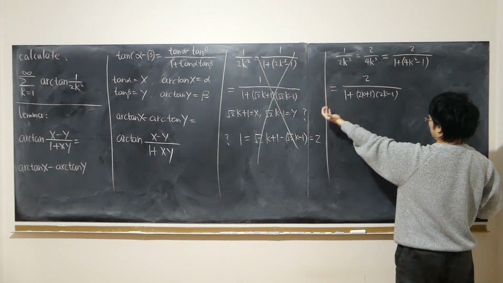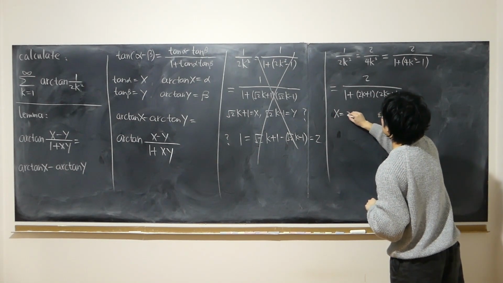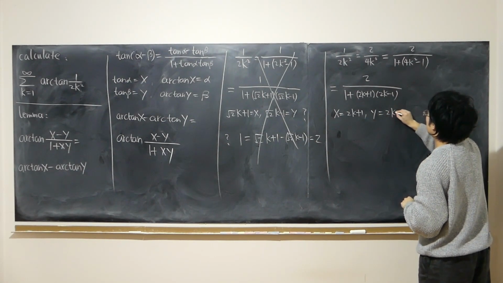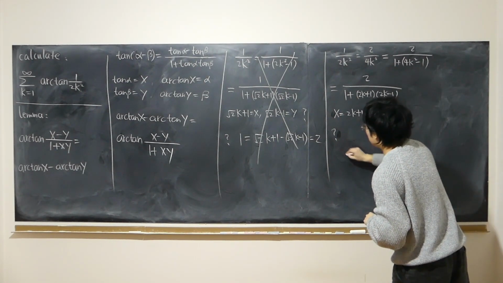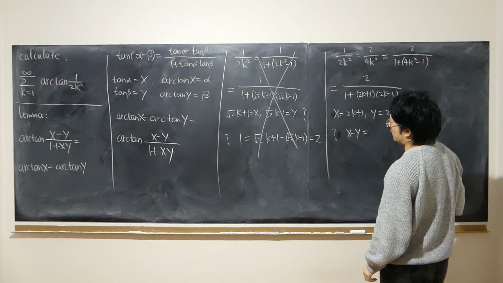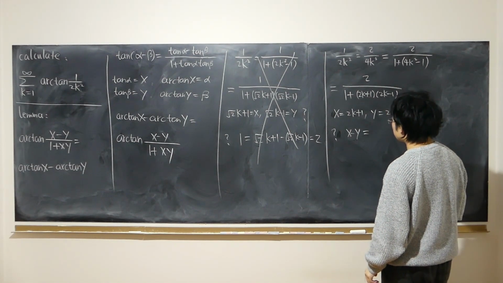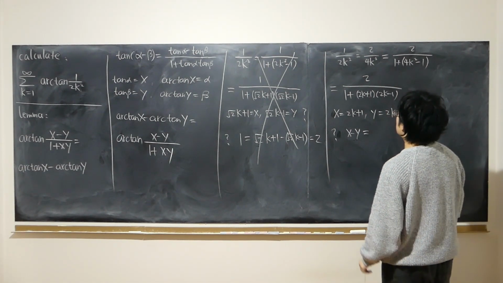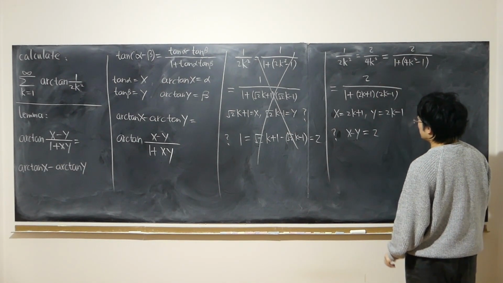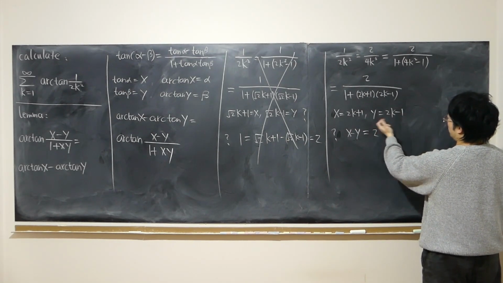Now this time I can let x equal 2k plus 1 and y equal 2k minus 1. Let me double check that x minus y is equal to 2: the 2k cancel out, and 1 minus minus 1 is 2.